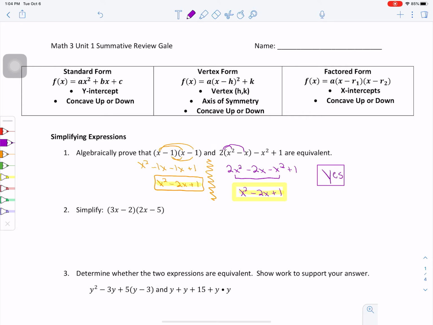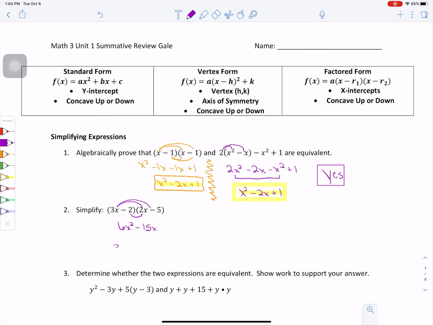Okay. Number 2. Once again, we're going to simplify expressions. We're going to multiply 3x times 2x, which is 6x squared. We're going to multiply 3x times negative 5, which is negative 15x. Make sure you're watching your negative signs.